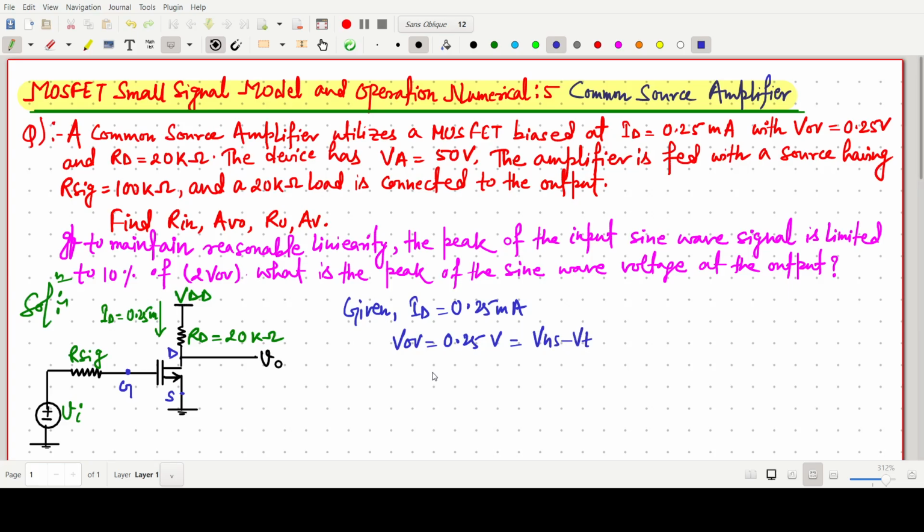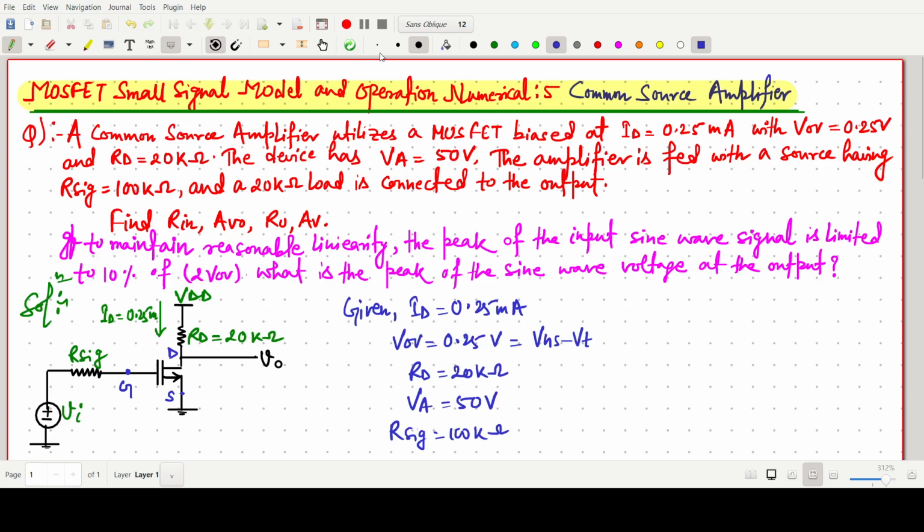Okay, it is given, and RD value in the circuit is given 20 kilo ohm, and VA value, the early voltage, 50 volt. Okay, so the amplifier is fed with a source having signal resistance R signal, how much? 100 kilo ohm.